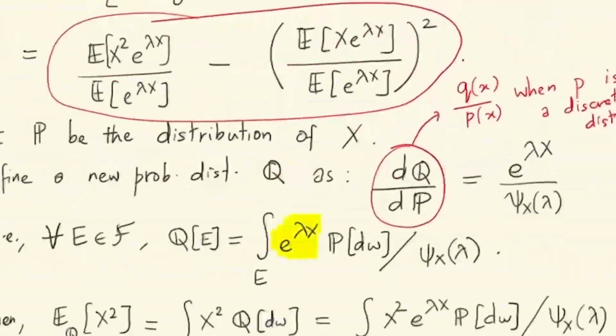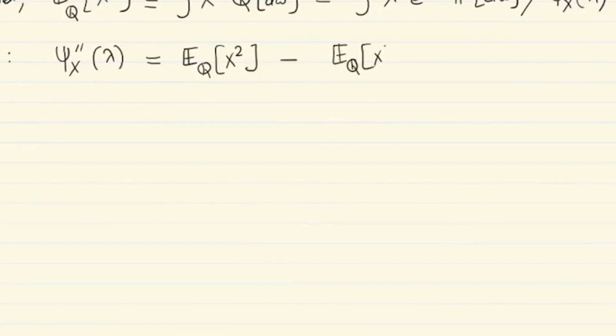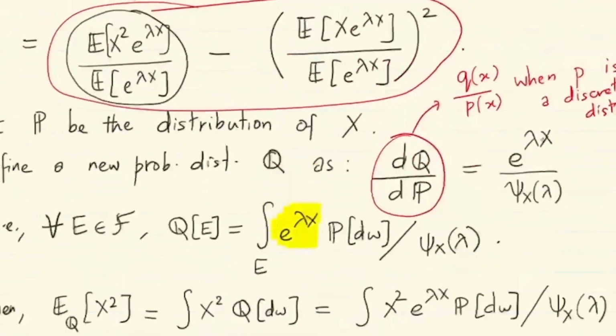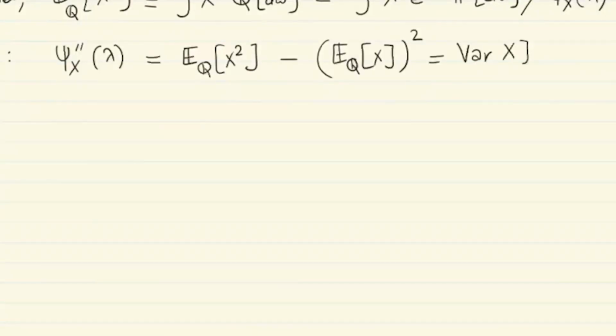The first term simply becomes E_Q of x square. The second term is exactly E_Q of x, the whole square. Okay, so this is E_Q of x the whole square, and the whole expression is simply the variance of the same random variable X but evaluated under a different probability distribution Q.